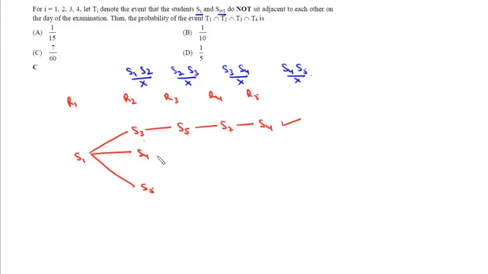Now if it is S4, it cannot have S3 and S5, so it will be S2. Then it will be S5 and here we'll have S3. So we have this other case here. Now if it is S5, it cannot have S4. Then there are two possible options for R3, either S2 or S3.